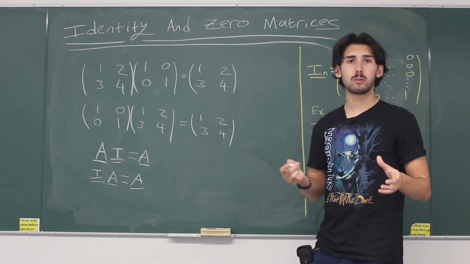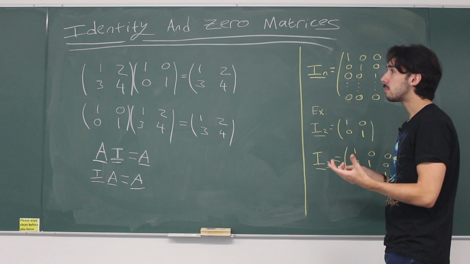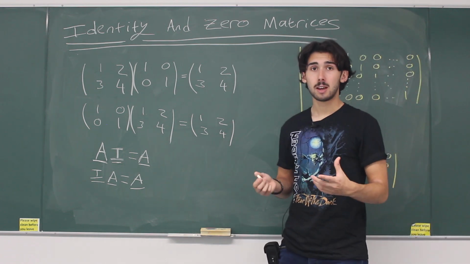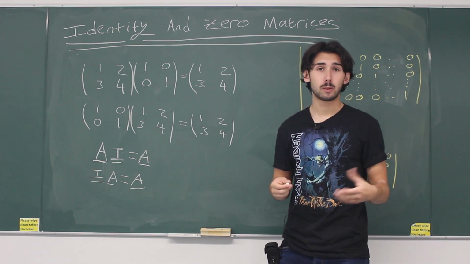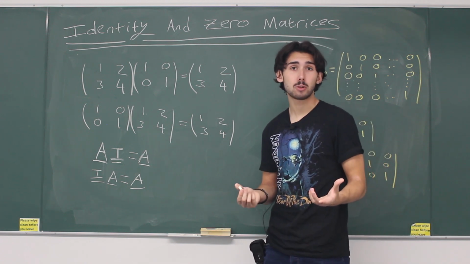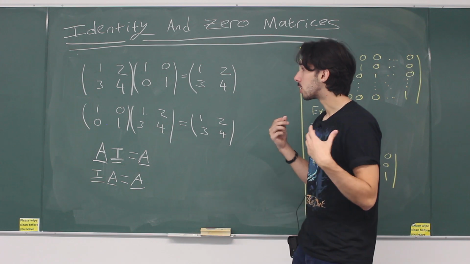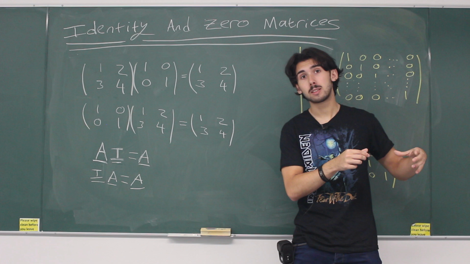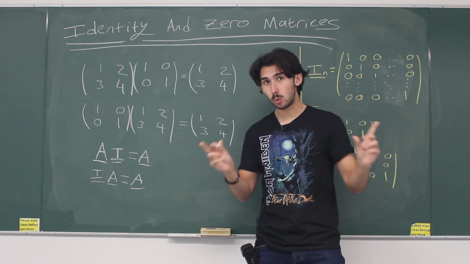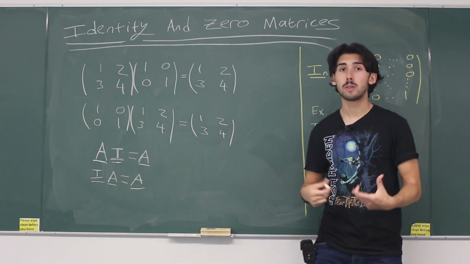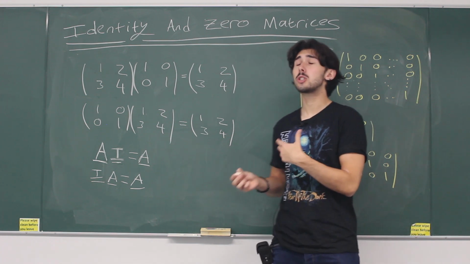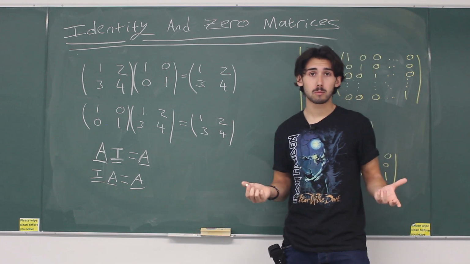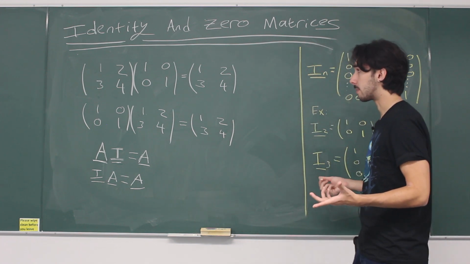That's a bunch of word salad, but what it means is take any matrix you want, times by the identity, and you just get your own matrix back. You can times any matrix by the identity matrix, or the identity matrix by any matrix, either way, and you get the one that you started with back. This is the matrix equivalent of timesing by the number 1. It's the same kind of vibe.